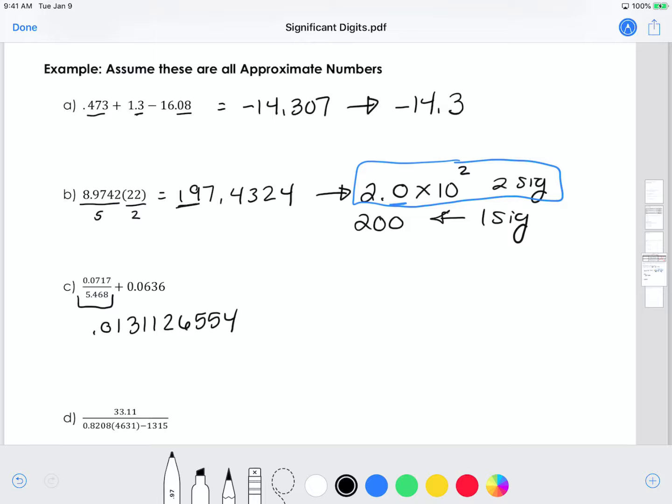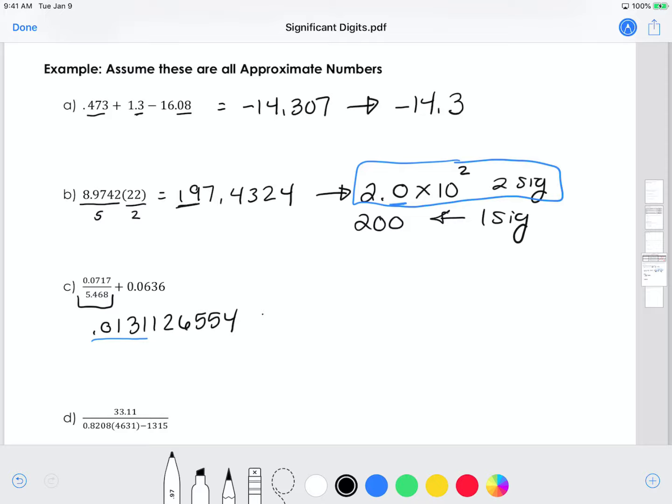The 0.0717 in the numerator has 3 significant digits, and the 5.468 in the denominator has 4 significant digits, which means I don't want to round yet, but I want to keep in mind this number here, the 0.01311 number, should be rounded to 3 significant digits, which means I need to keep 0.0131.